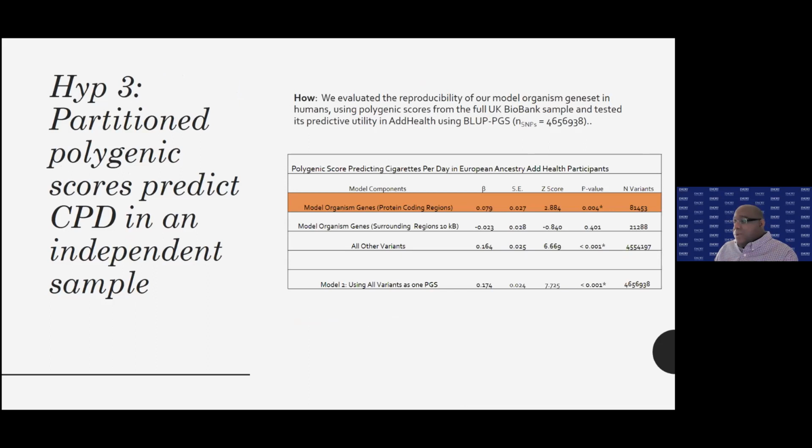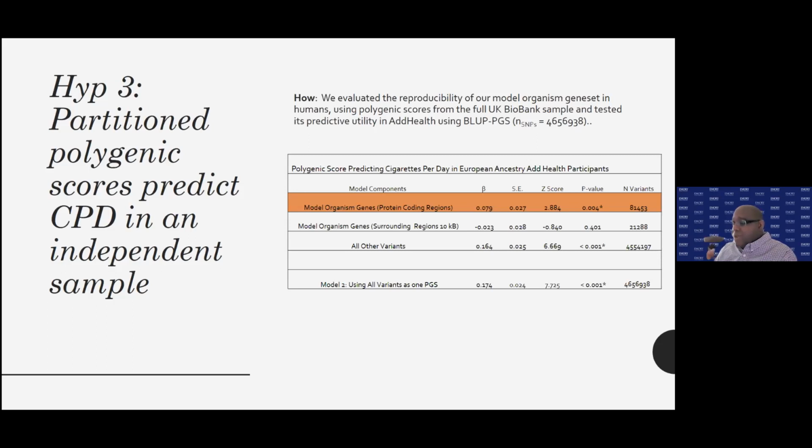Now, to see whether it actually contributed at all to variation that we'd expect in the same phenotype in an independent sample, we took the effect size distribution that we observed in the UK Biobank, got the actual weights for each of the SNPs, and applied them using a block-based method to create a polygenic risk score in the AdHealth sample.